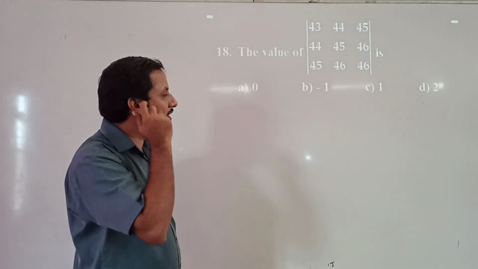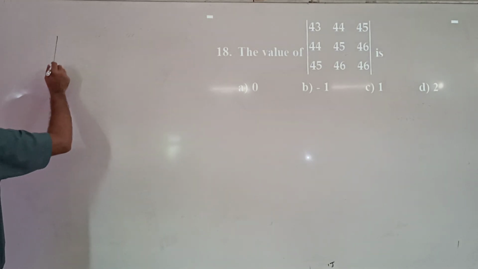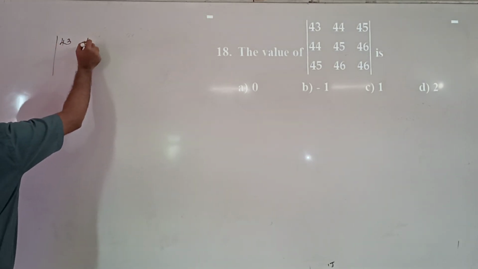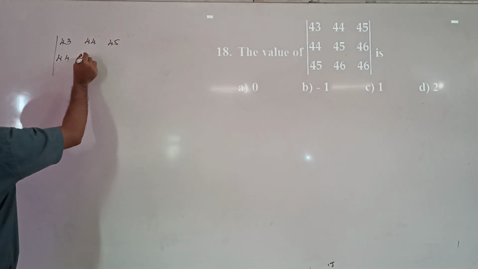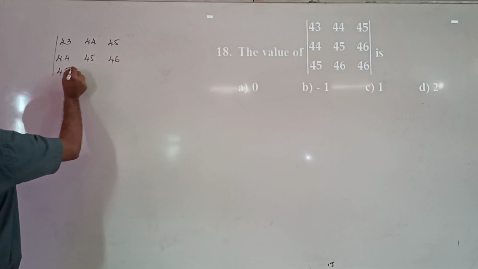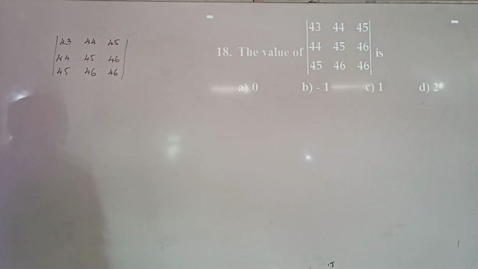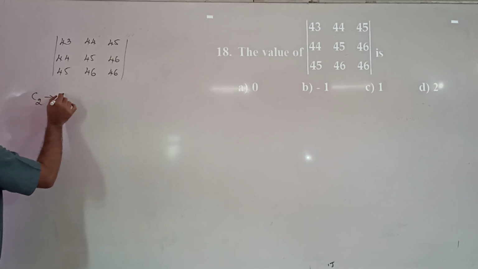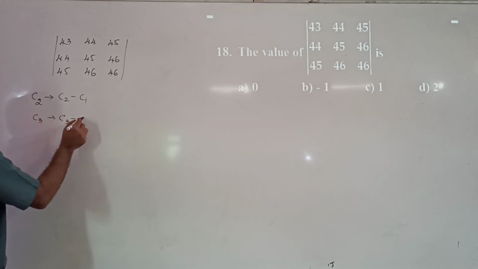But it's not, because here you observe the determinant of 43, 44, 45, 44, 45, 46, 45, 46, and here we don't have 47, again 46 is here. Okay, I'll change the second column as C2 minus C1, and C3 as C3 minus C2.